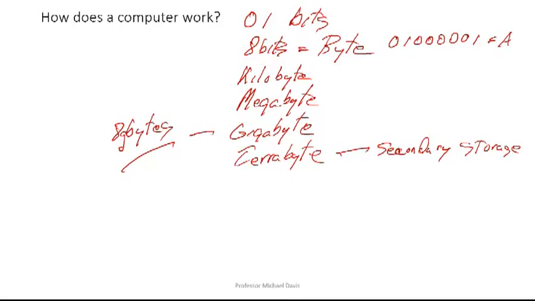But unfortunately, the cost is prohibitive. And so in terms of primary storage, you are normally talking in terms of gigabytes, whereas in secondary storage, we are often talking in terms of terabytes.